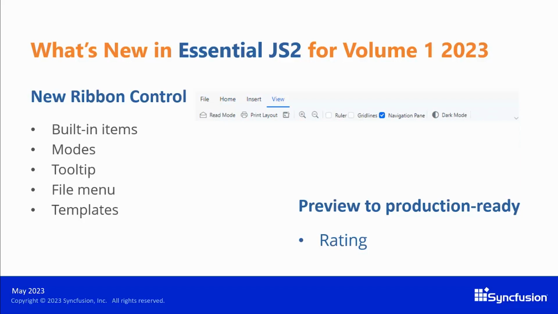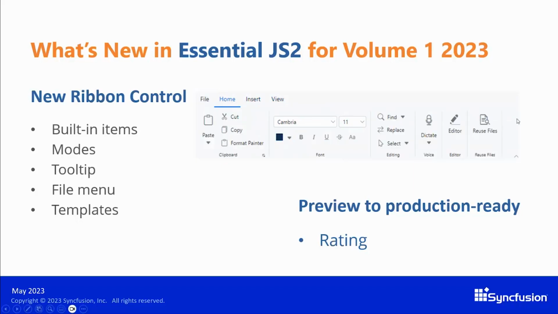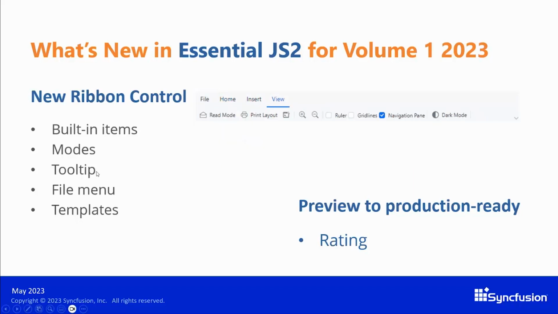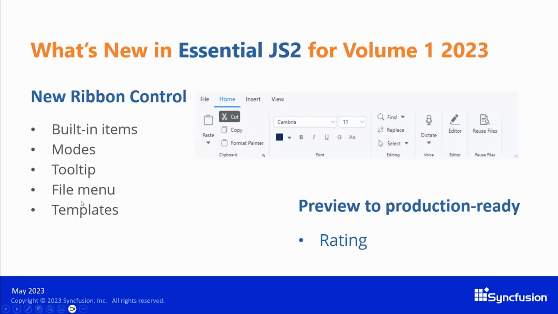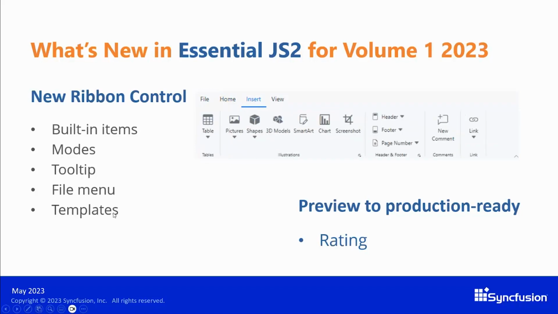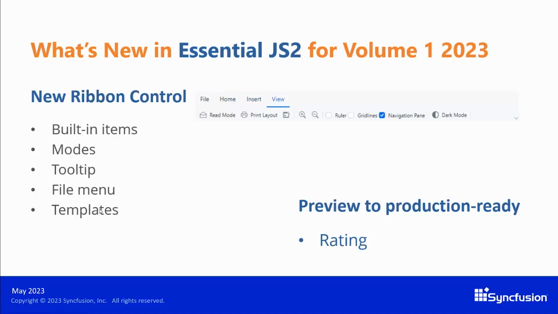Also there are two modes available, the simplified mode and the classic mode. It comes with built-in tooltip support, and you can handle the file related actions through the file menu. And also built-in template support has been added to the ribbon control. So let's see the demo added for this ribbon control at last.